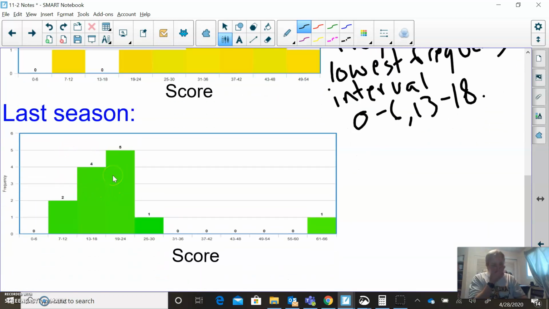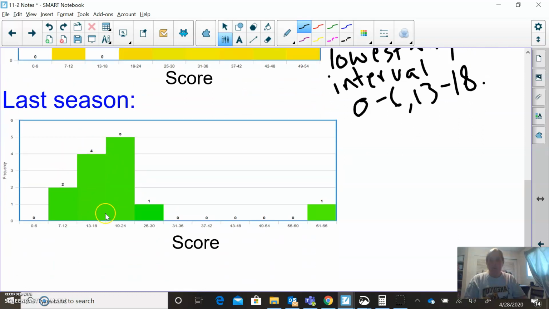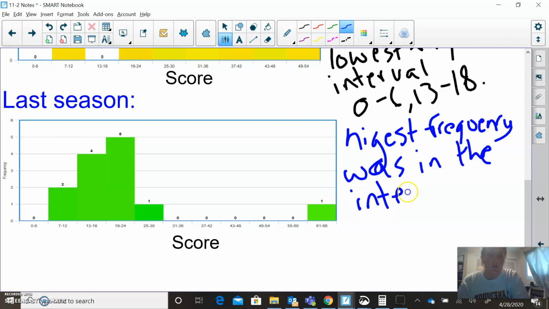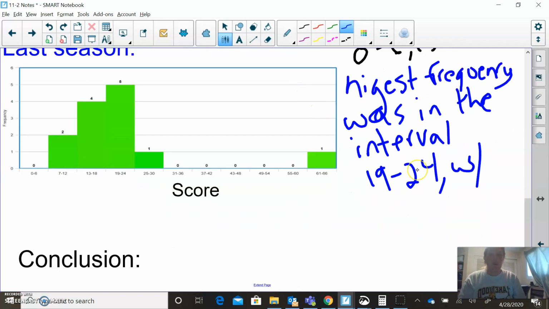Now, last season, our highest frequency was in the interval 19 to 24 with a frequency of 5.